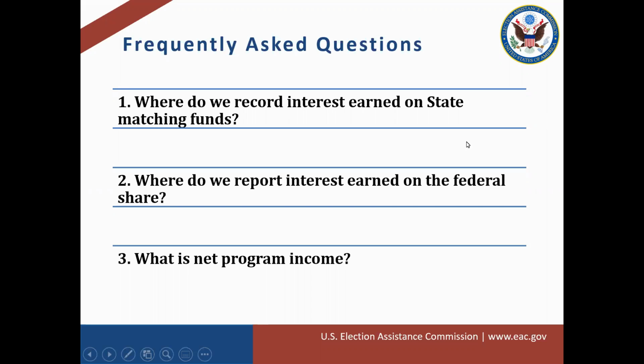If you are not reporting the expenditures of shipping and the other costs associated with getting those materials out to someone, then you just report net program income as part of your state share.